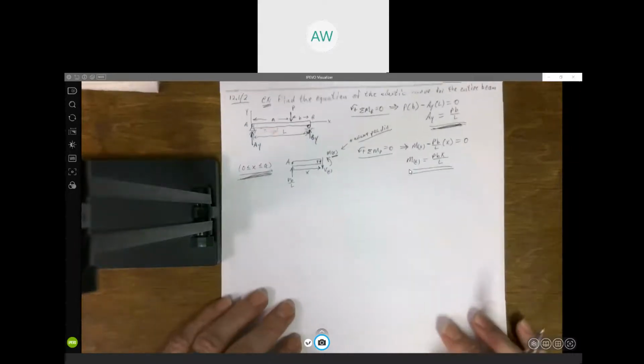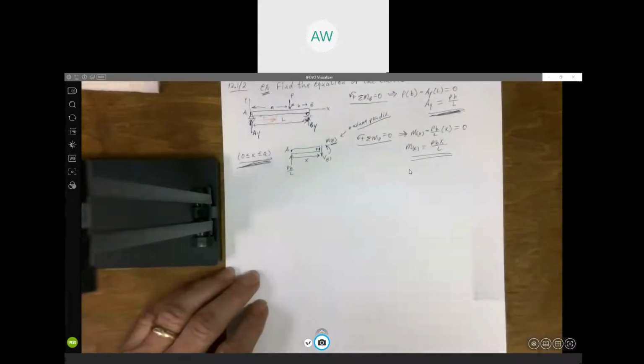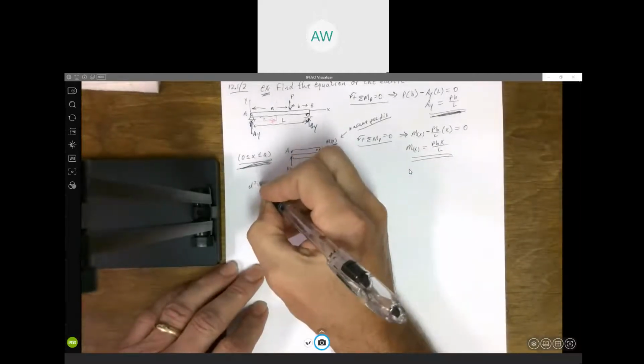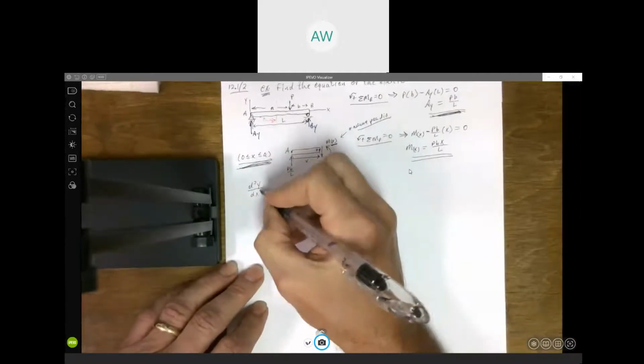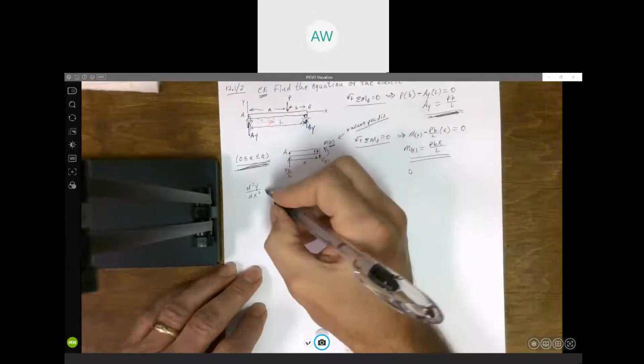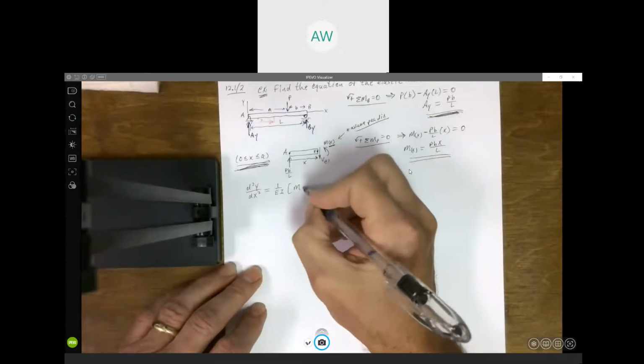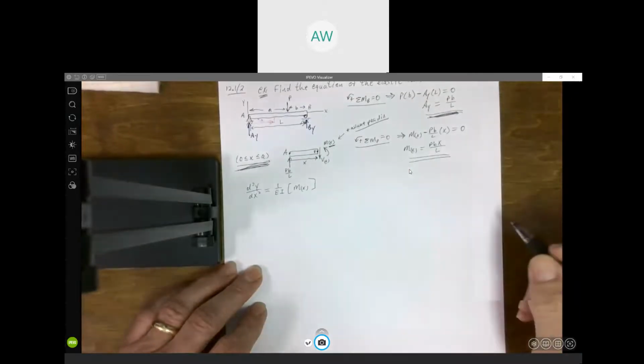So that's what we're going to integrate, right? Remember, we had our differential equation that said the second derivative of y with respect to x is equal to 1 over EI times that moment equation.